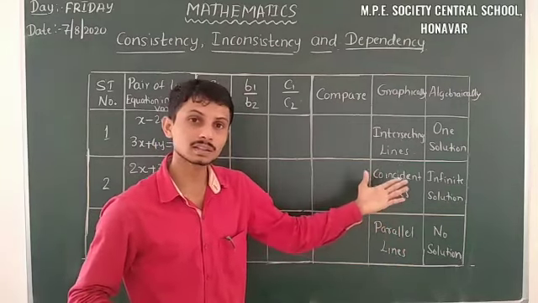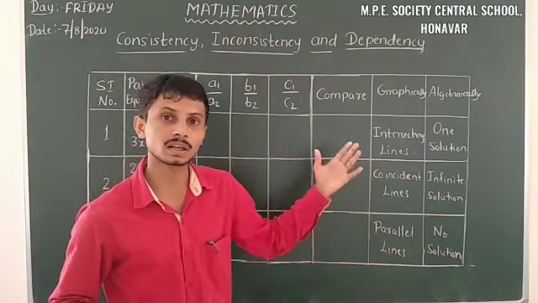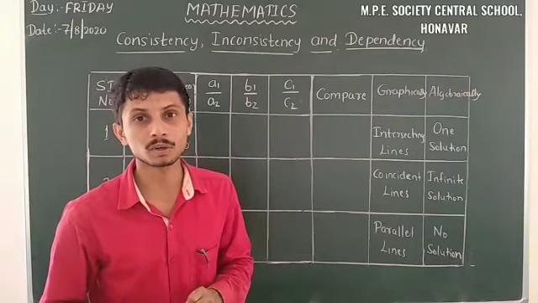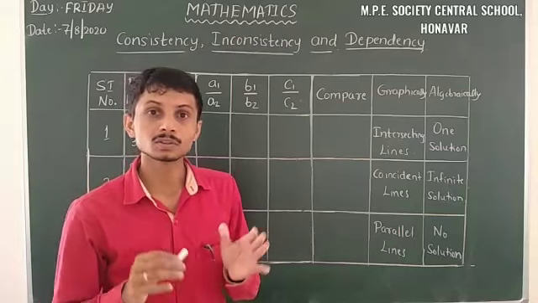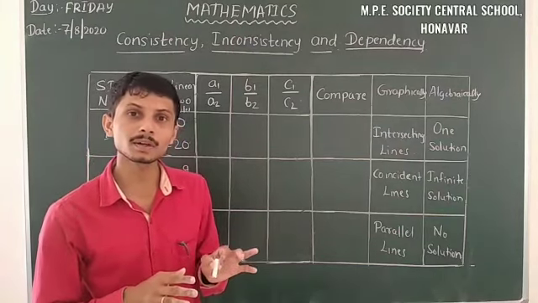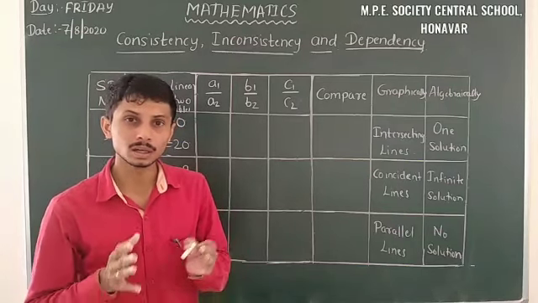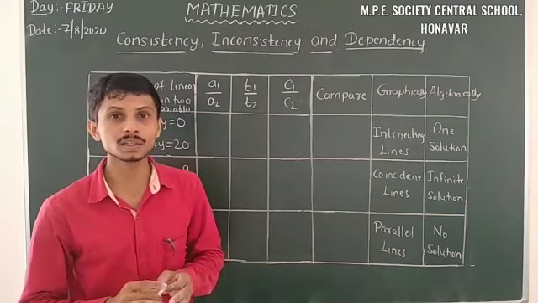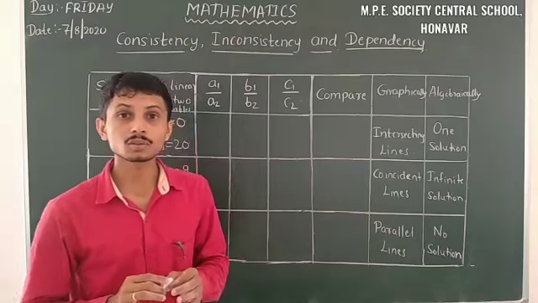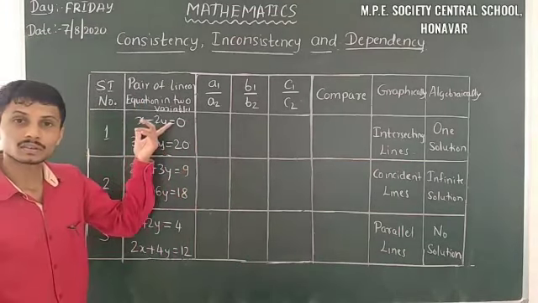Coincident lines mean a dependent pair of linear equations in two variables, with infinitely many solutions. On this basis we categorize them by taking the ratios of the coefficients of x, y, and also the constant terms.